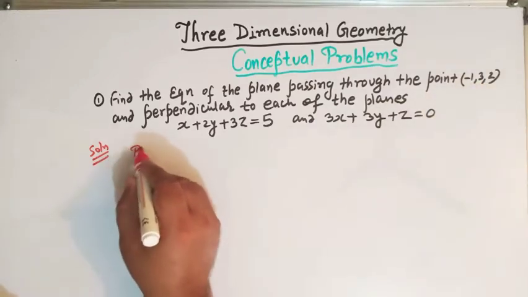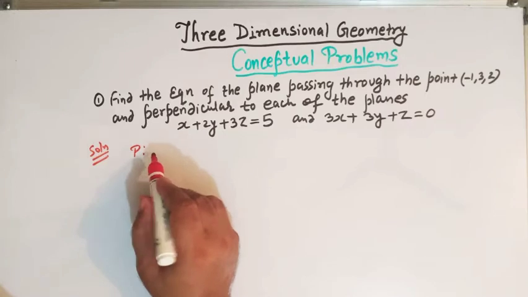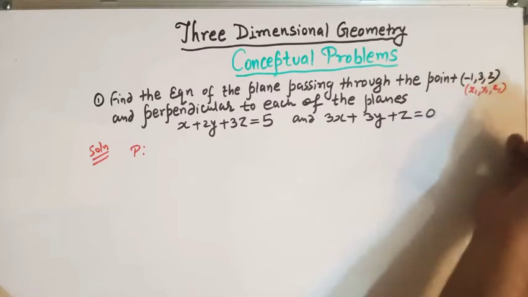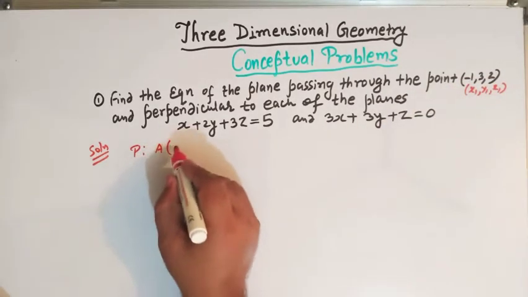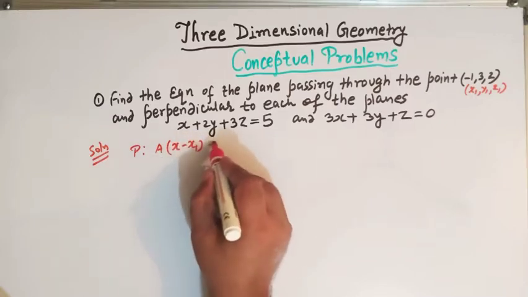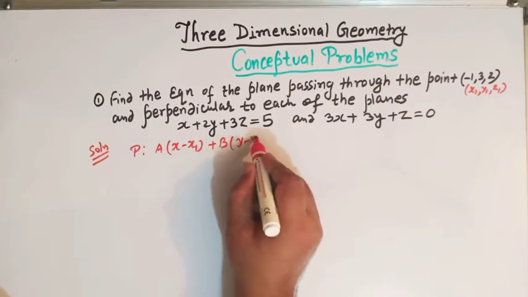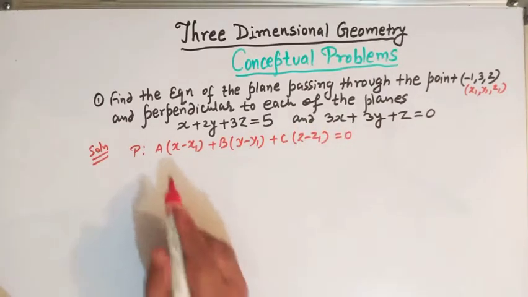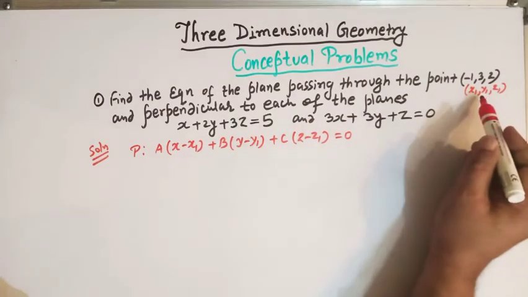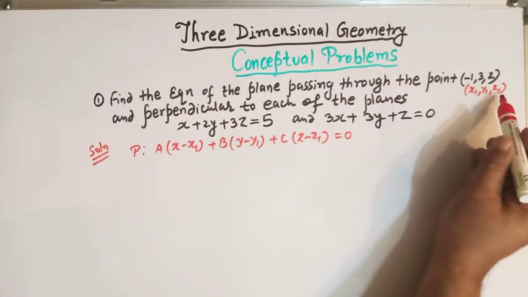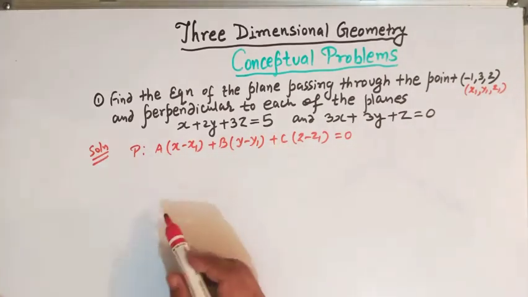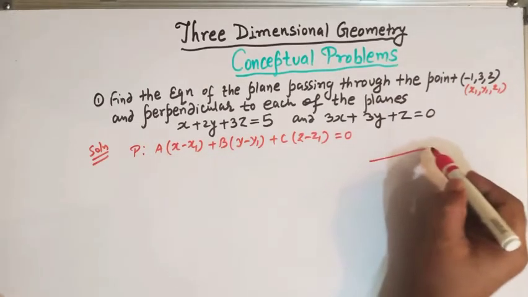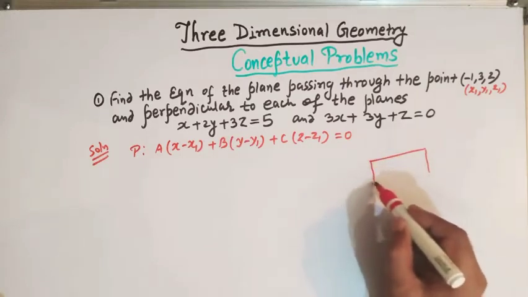Now we know that the equation of a plane passing through a point, say this is x1, y1 and z1, is given by a times x minus x1 plus b times y minus y1 plus c times z minus z1 is equal to 0. So this is the equation of the plane passing through a single point x1, y1 and z1, and a, b, c are the drs of the plane P. So let us draw this plane like this, right?